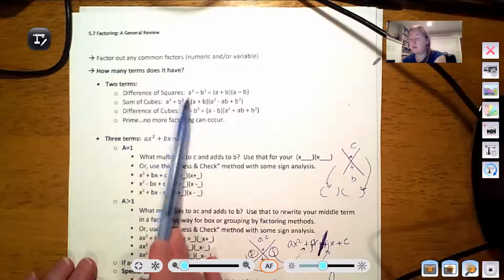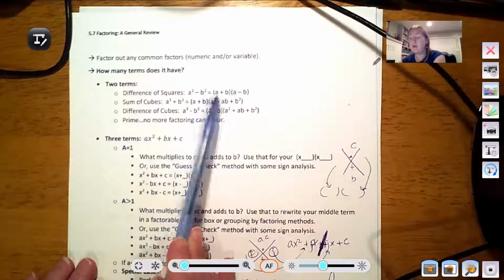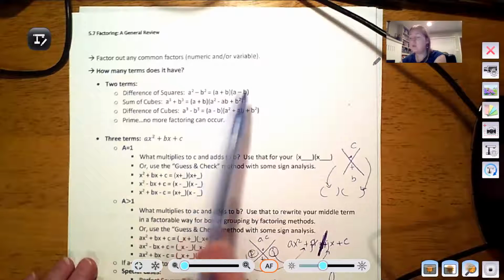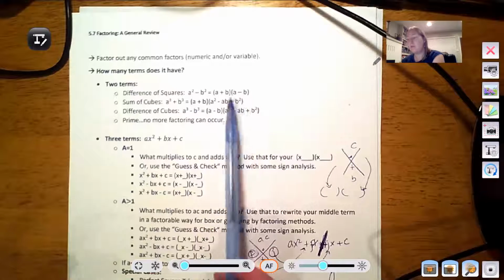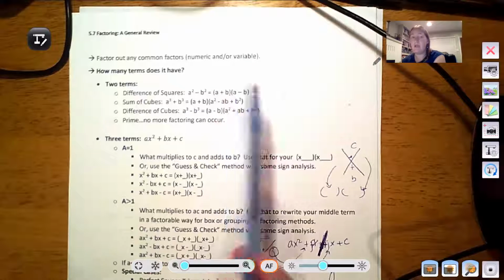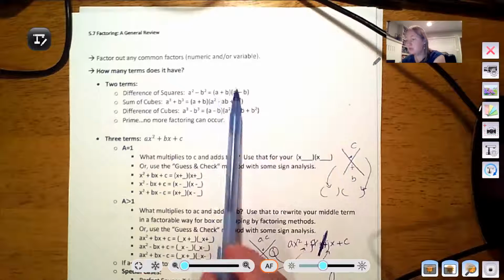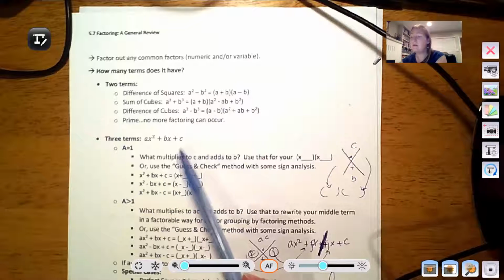So if you have something squared minus something else that's squared, figure out what's been squared, have a plus between one set and a minus between the other, so that when you FOIL, when you multiply these out, the middle terms cancel. The negative AB and the positive AB would cancel, leaving you just with the A squared minus B squared. The difference of squares.